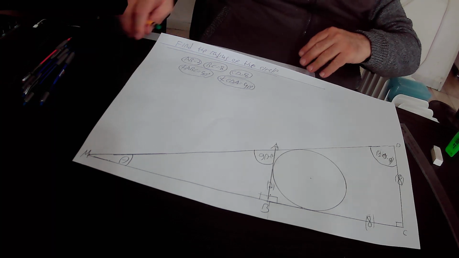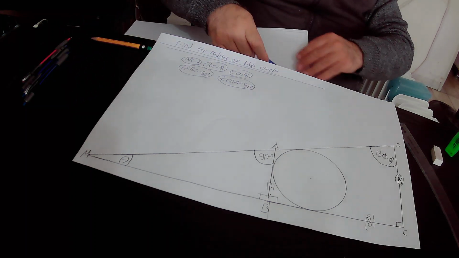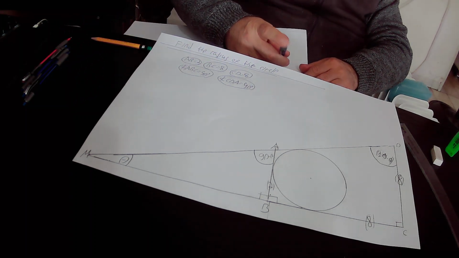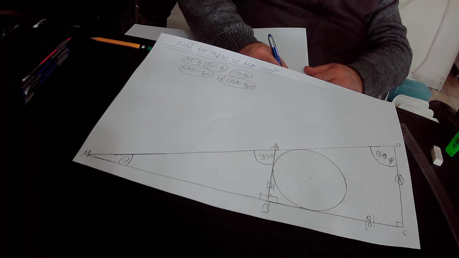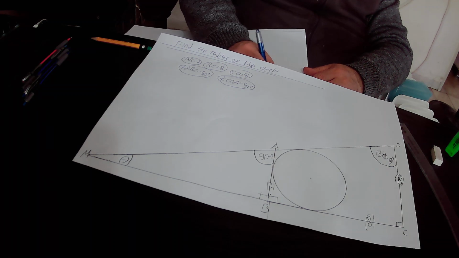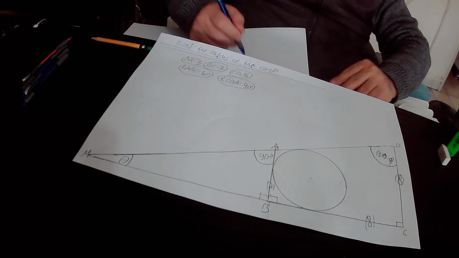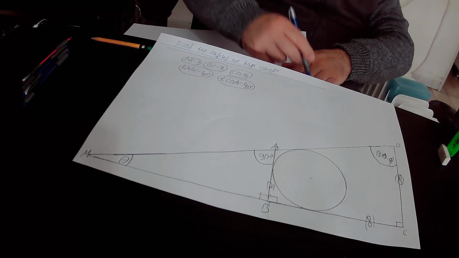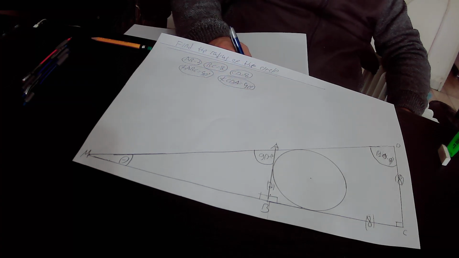We'll prove that the right big triangle DCM is similar to this right small triangle MBA.